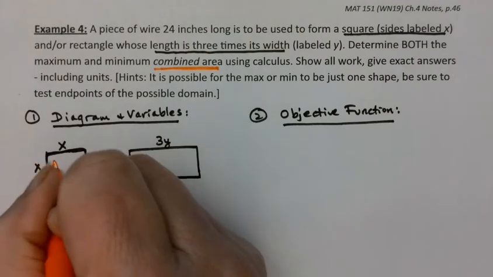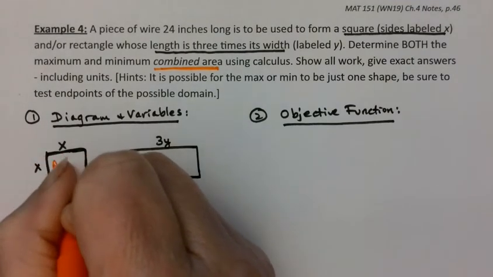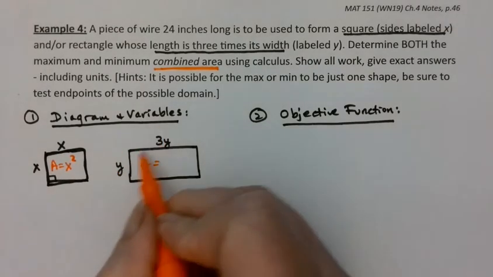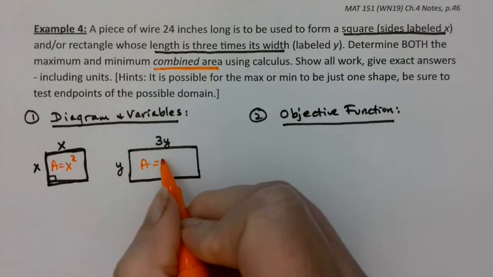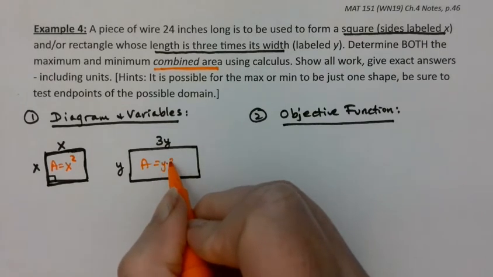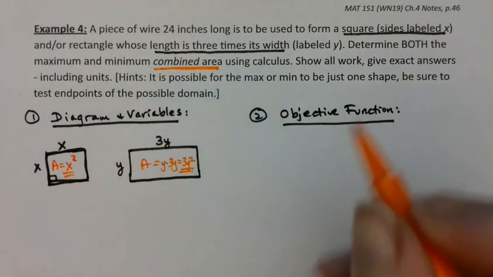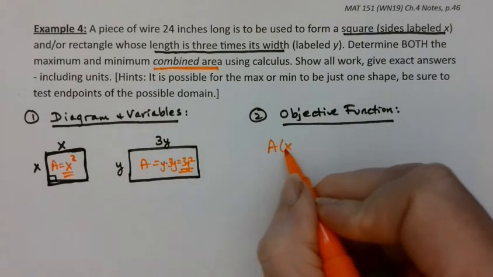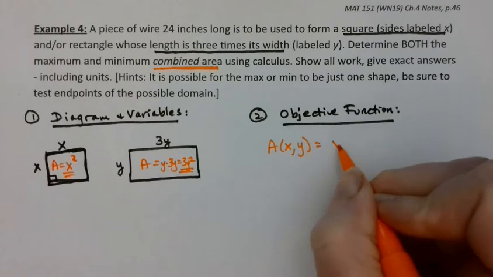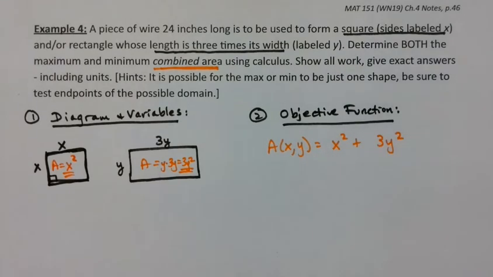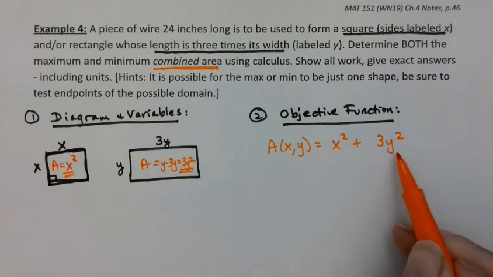The area of a square is x squared, and the area of the rectangle is length times width, so that's 3y times y, which is 3y squared. So the combined area is a function of x and y. It's x squared plus 3y squared. This is the square, this is the rectangle.